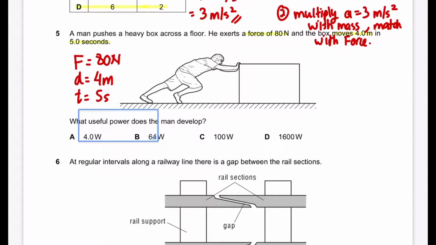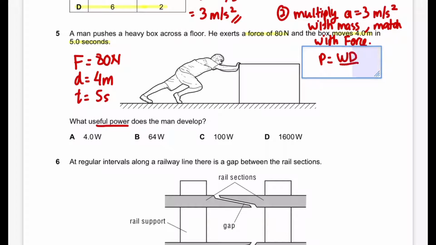The question asks the useful power. What useful power does the man develop? So from these 3 variables, we can recall the equation that relates to power, which is P is equal to work done divided by time.